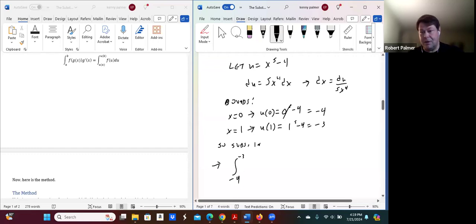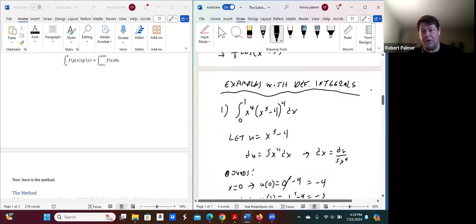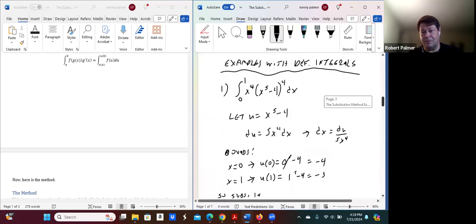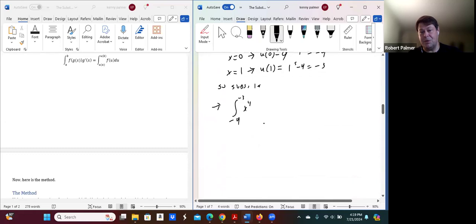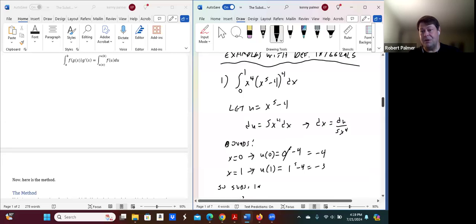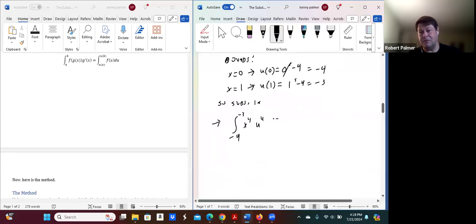And then we have an x to the fourth times u. Our u was x to the fifth minus 4, so now it's going to be u to the fourth. And then we replace dx with du over 5x to the fourth.